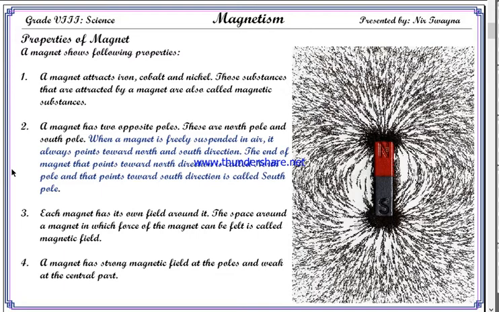Or suppose in our school ground you are sitting at one corner with some nickel coins in your pocket, and I am standing at the opposite corner of the ground, and I brought a magnet with me, and I pointed that magnet toward you.